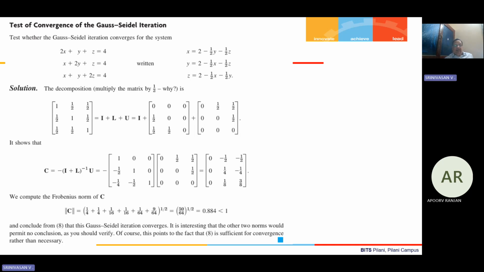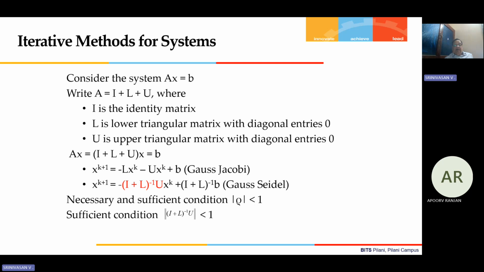For Gauss-Seidel, it is the norm of minus (I plus L) inverse, that is the inverse of the sum of these two matrices, into U. The inverse of the sum of two matrices is a matrix, and U is another matrix.